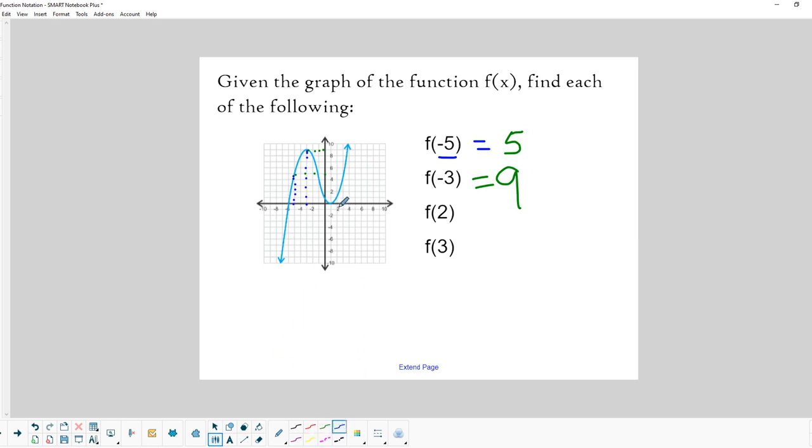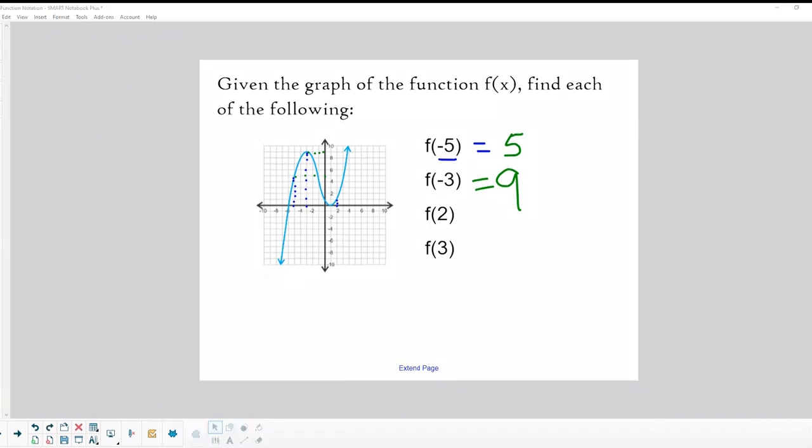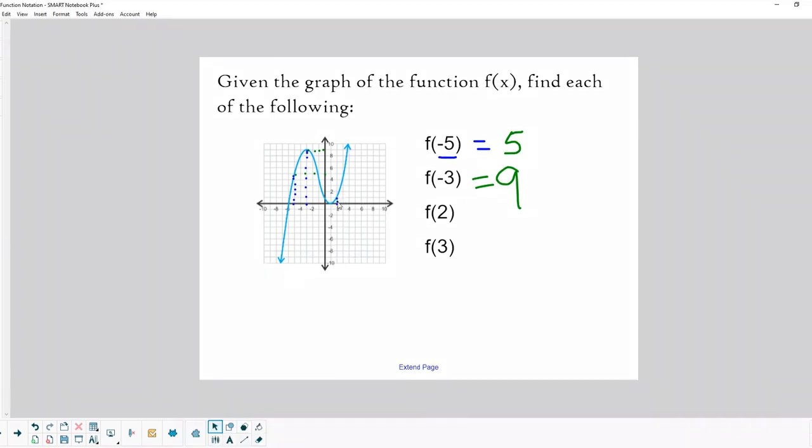If we go over here to x, that would mean x is 2. We go up until we hit the line. We hit it rather quickly, and we turn and go to the left, and we notice that we just hit at 1. So this function at the value of x equals 2 would give us a y value of 1.